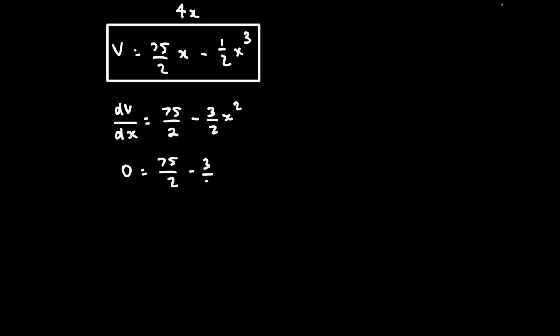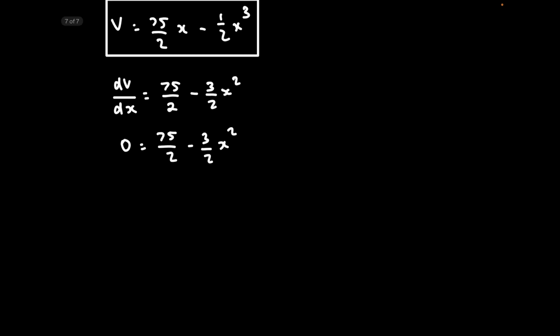So we get this. What I can do is first times both sides by 2 and then rearrange to get 3x squared equals 75. That means x squared equals 25. So that means x is equal to plus or minus 5 centimeters.